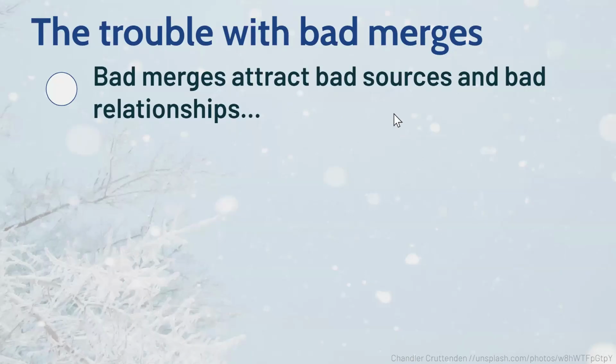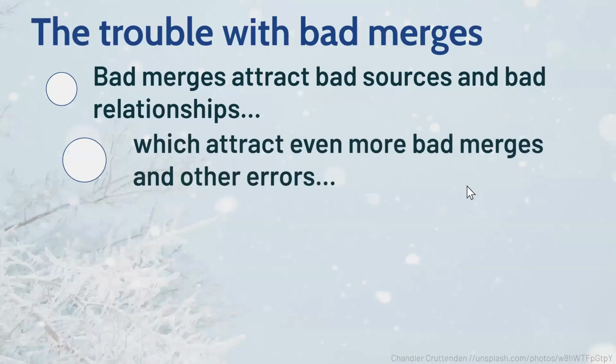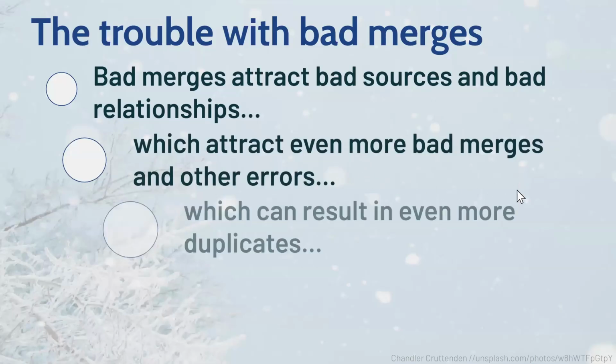So that attracts more bad information, which attracts even more bad merges and other errors, which actually can result in more duplicates because somebody comes along and looks for a profile in Family Tree. They can't find it because it's been badly merged, and then they create a duplicate without realizing they're creating it because they can't see the original record.